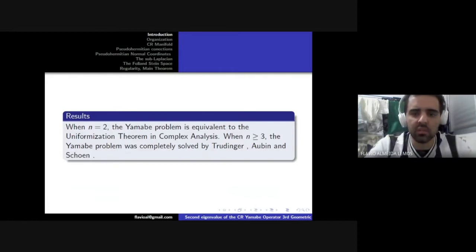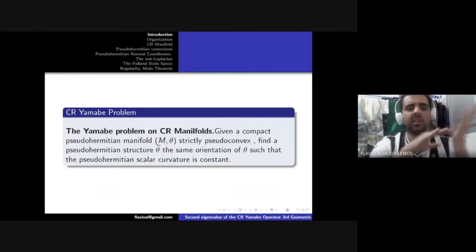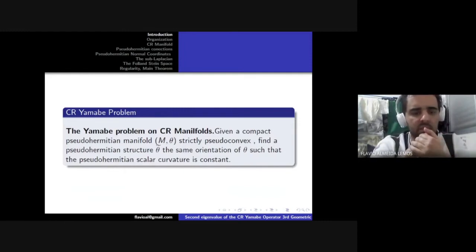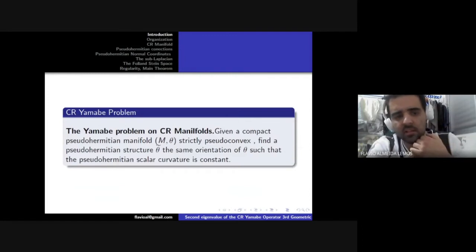Let's go to introduce the CR context of the Yamabe problem. This is called the Yamabe problem on CR manifolds: given a compact pseudo-Hermitian manifold M, theta, strictly pseudo-convex. The problem here is to find a pseudo-Hermitian structure theta tilde, with the same orientation as theta, conformal to theta, such that the pseudo-Hermitian scalar curvature is constant.